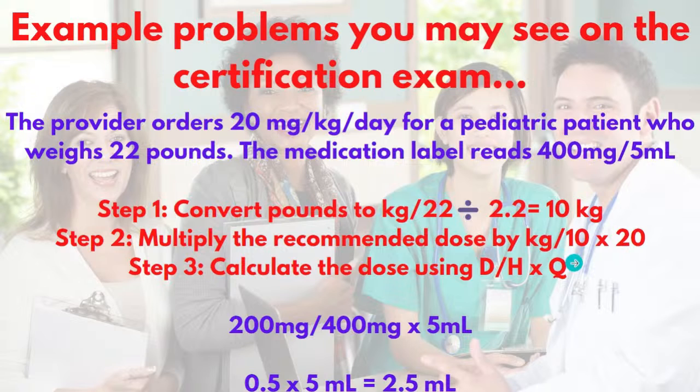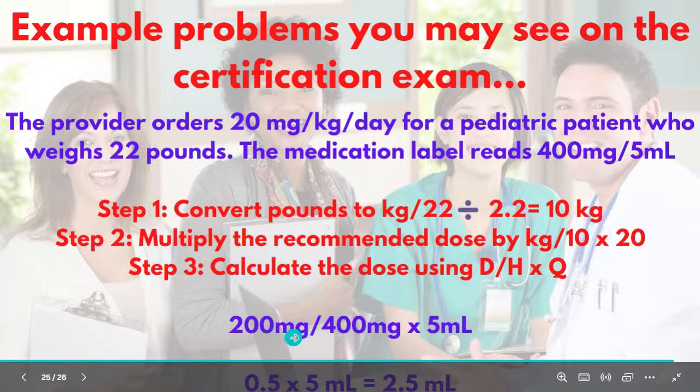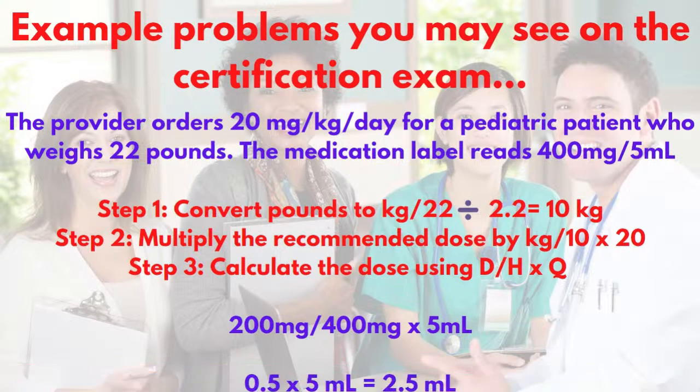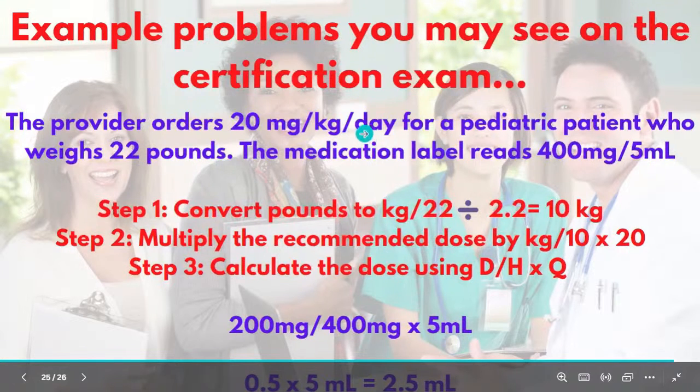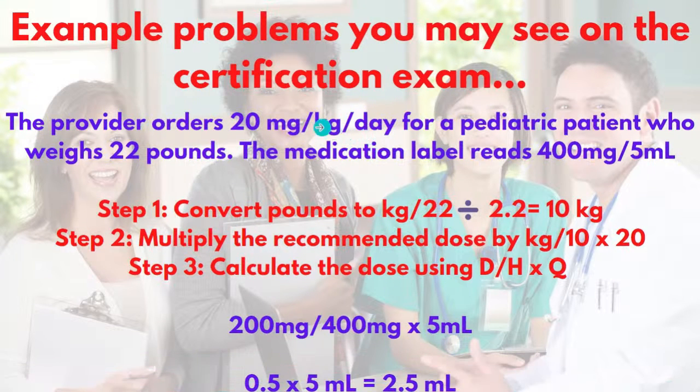Okay. So we had to multiply 10 times 20. That gave us 200, right? Now we know what the order is. The doctor wants 200 milligrams per day. Okay. That's what he says, because he says per day. That's every day. He wants 20 milligrams for every kilogram that patient weighs. Okay. Every day. So every day he wants that patient to take 200 milligrams.